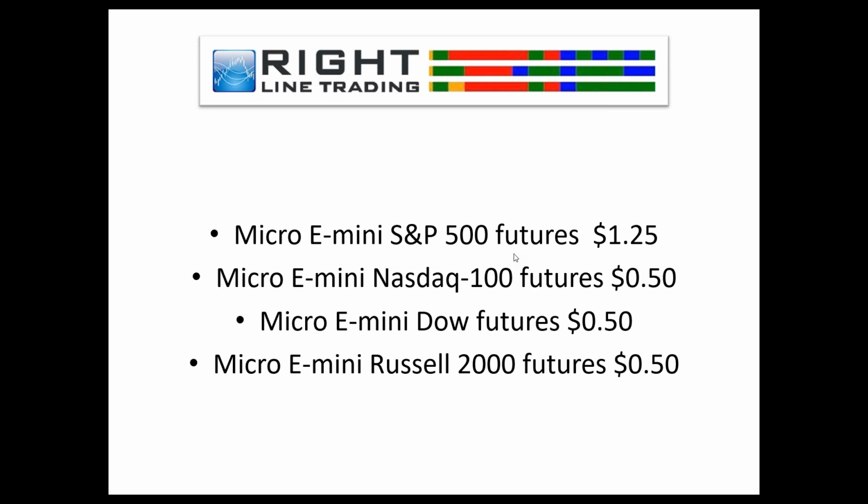It's simply worth 1/10 of the value of the full contract. The E-mini is normally $12.50 a contract, so this is worth $1.25. The E-mini Nasdaq is 50 cents a tick. Dow is 50 cents a tick. And the Russell is 50 cents a tick.